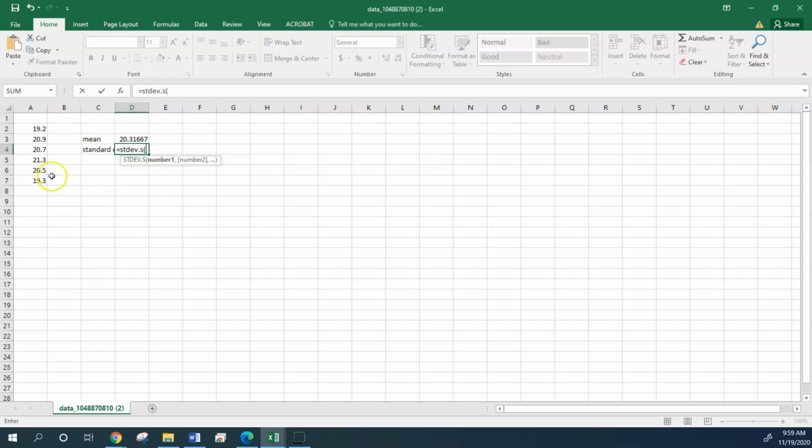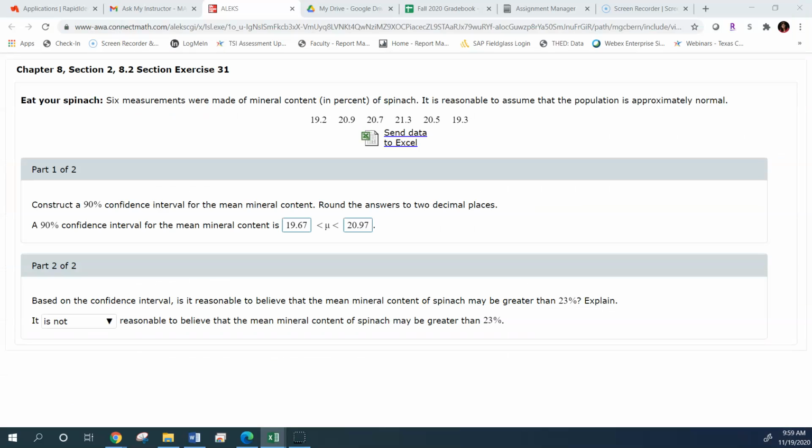I'm going to open my parentheses, highlight my data again, close my parentheses, and hit equals. So we have 0.86814 as our standard deviation.